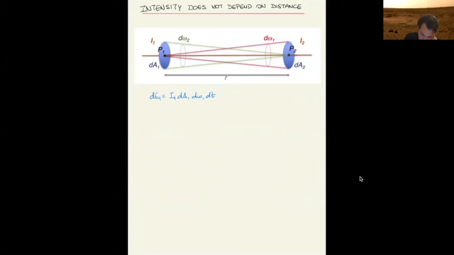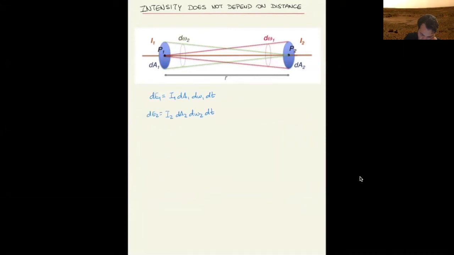From the point of view of P2, it is collecting radiation with an area dA2. The emitting source, which is of area dA1, is seen from P2 at a distance r, forming a solid angle d omega 2. Now P2 is measuring an amount of energy, dE2, which is equal to the intensity times the area times the solid angle times the time.